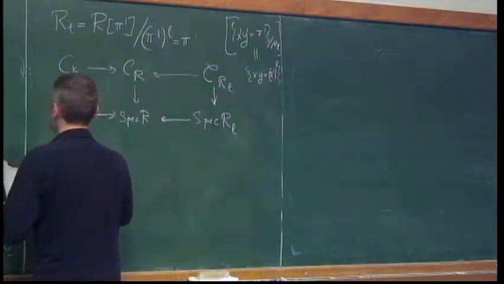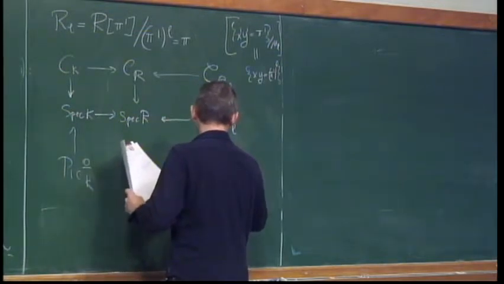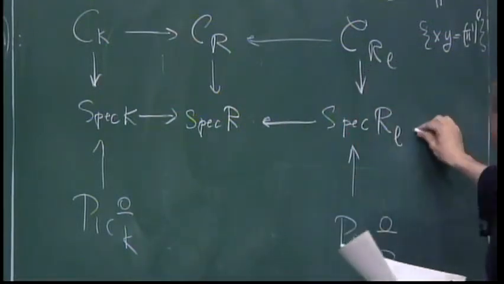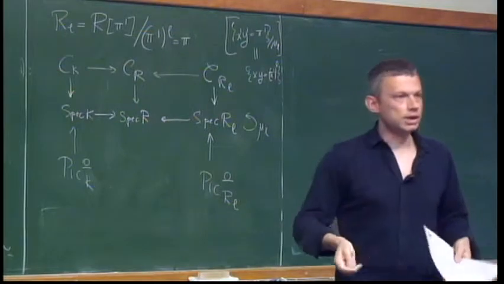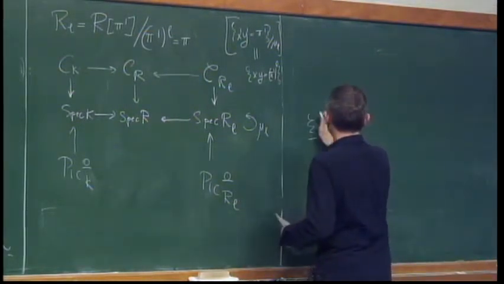I have my Pic^0_K, and here I have the relative Pic^0_R L. Now, OK, here comes a really amusing part. μ_L acts on this, of course. It's just a multiplication by psi or whatever.